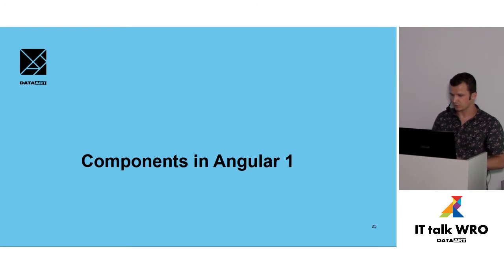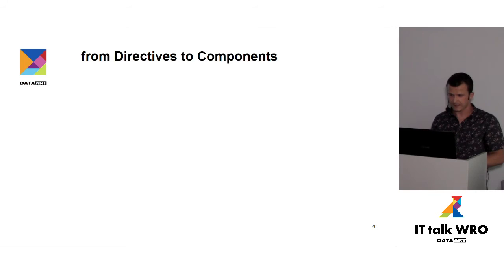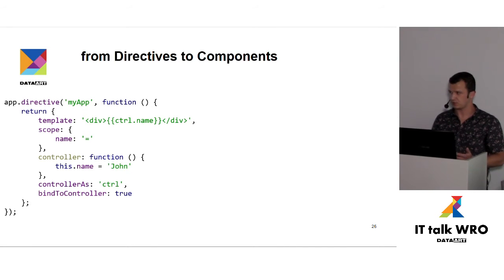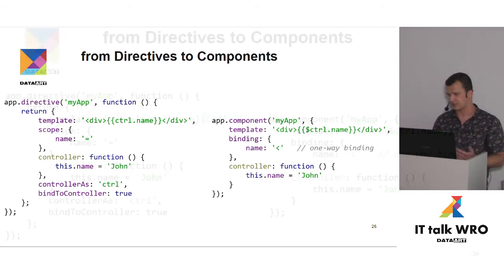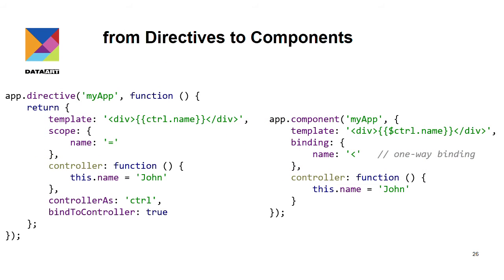But I would also like to talk just a little bit about components in the first Angular, because we have directives there, and Angular 1.5 introduced a new method, which is component, which is a special kind of directive that uses similar configuration.